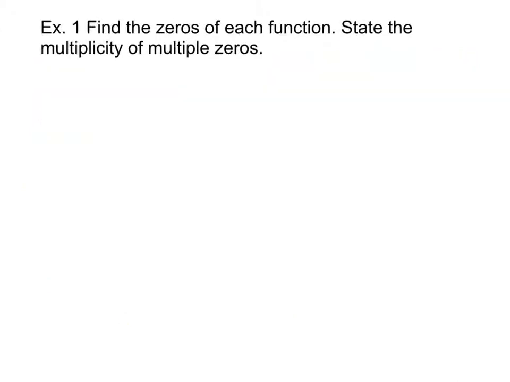Okay, for example 1, we're going to find the zeros of the function, and then state the multiplicity of the zeros. Okay, so our first example, we'll do this one. Notice if it's already factored, then what you're going to do is change this to a 0.